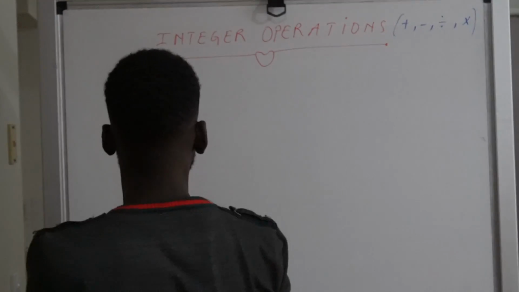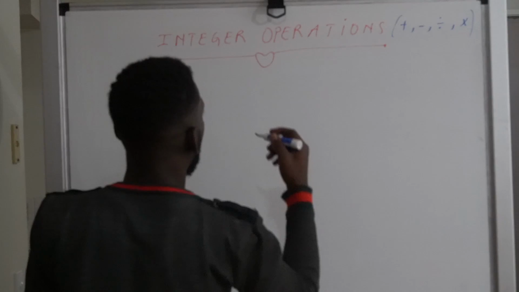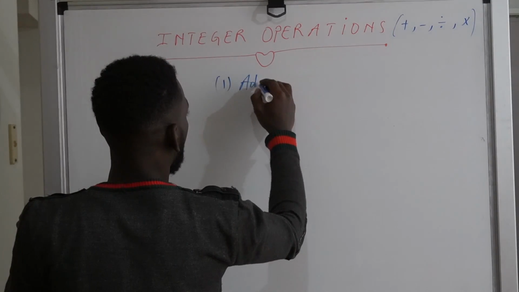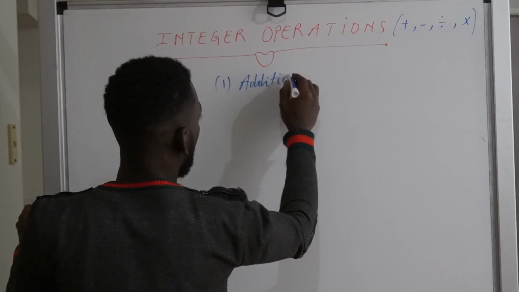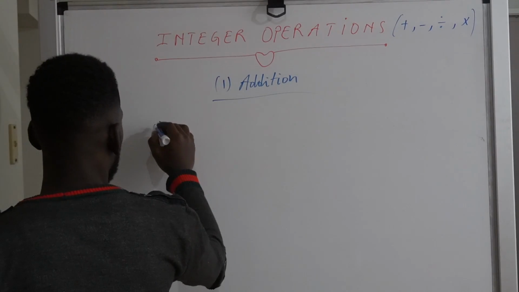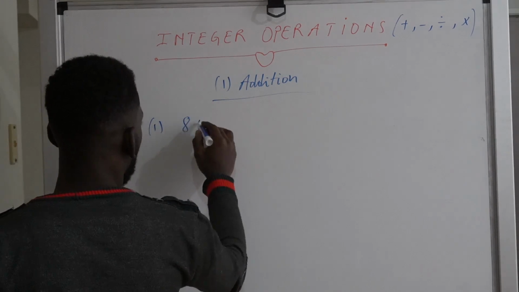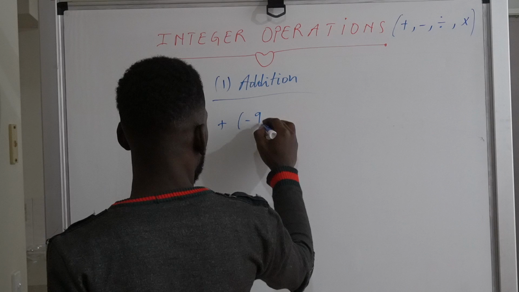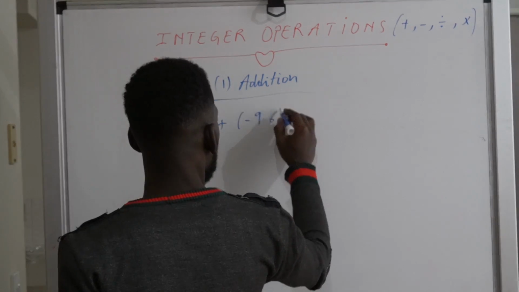Right, so we're going to start with addition. Number 1 is addition. So question number 1: 85 plus negative 96 equals.